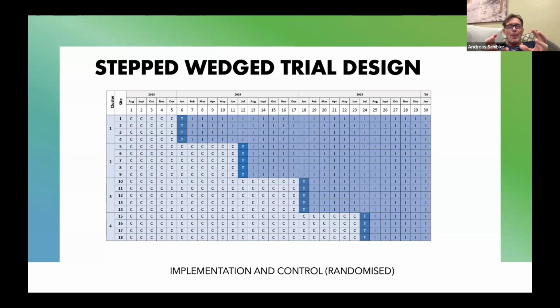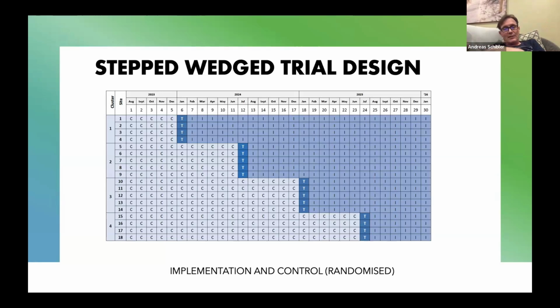That means you say hospital 1, 2, 3, and 4 in this graph here. You start in January 24 with the bundle. And the secondary advantage, you don't need to randomize patients because the hospital will apply the intervention to all patients that are fulfilling the inclusion criteria similarly.